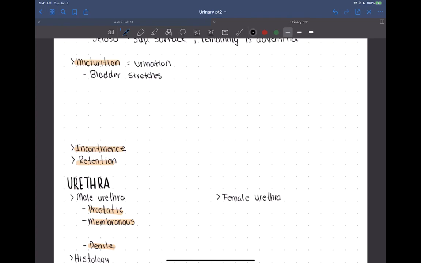And as occurs so often in everything we've been looking at, that stretch is going to activate stretch receptors, and those receptors are going to send a signal through the sacral spinal cord.